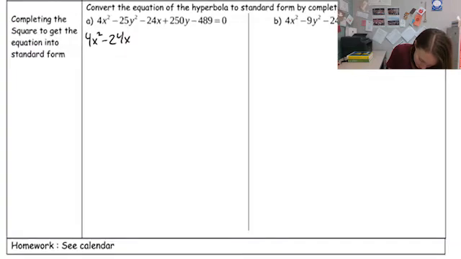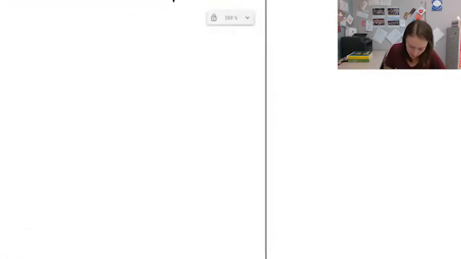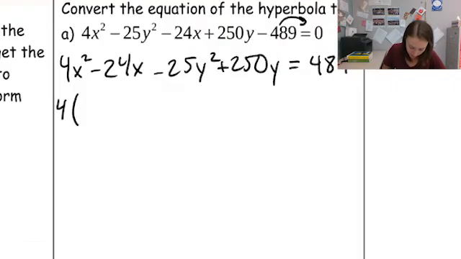24x, and then we have minus 25y squared plus 250y, and then I'm going to bring this one over equals positive 489 because I'm switching the sign as it moves over the equal sign. Now I need to factor out the a values, so 4 times, and I'm going to make this a little bigger so that I can keep it within the box here.